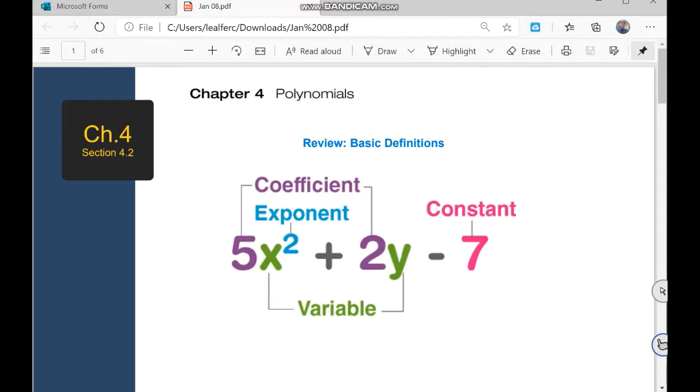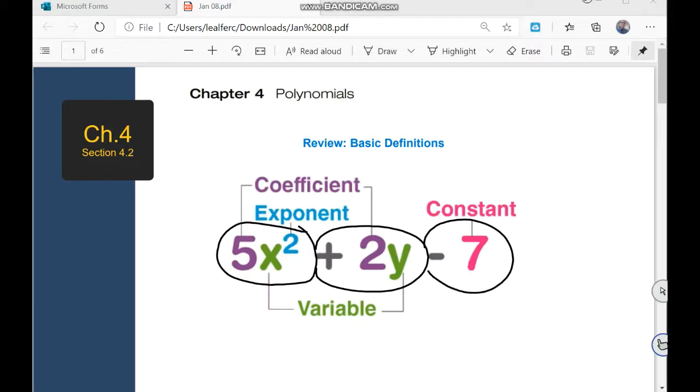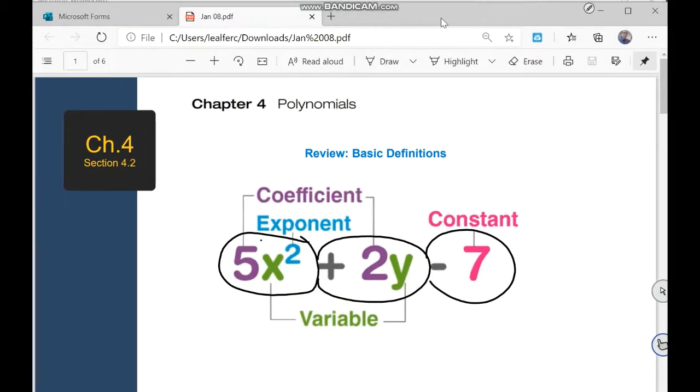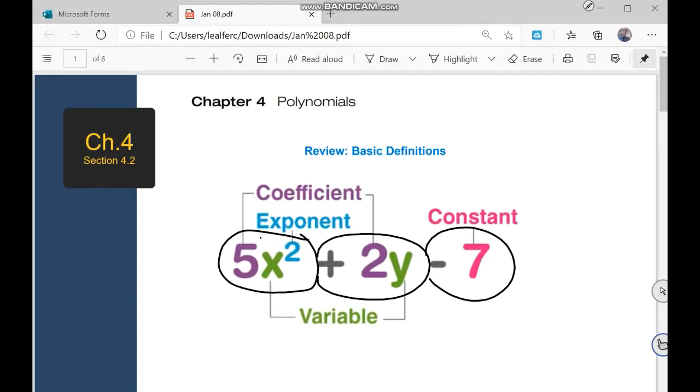You have here on the screen a polynomial with 3 terms. So each one of these is a term. This is a term. This is another term. And this is another term. Each term is going to have one coefficient. Remember, the coefficient is the number in front of the term.